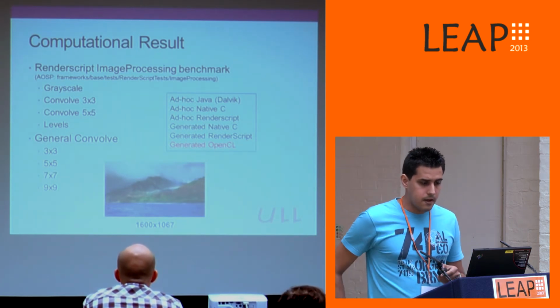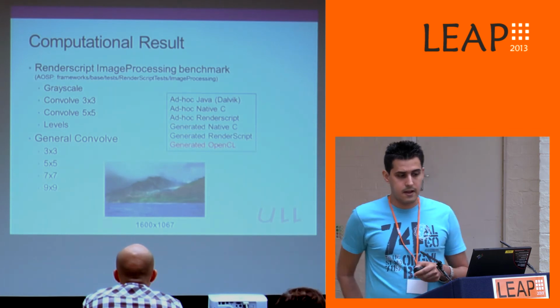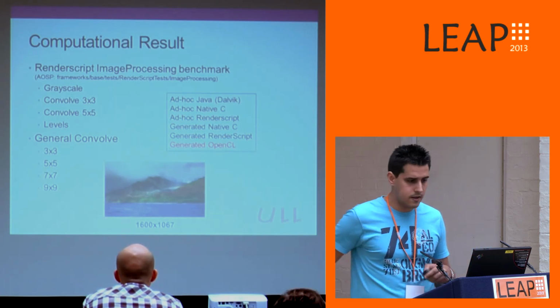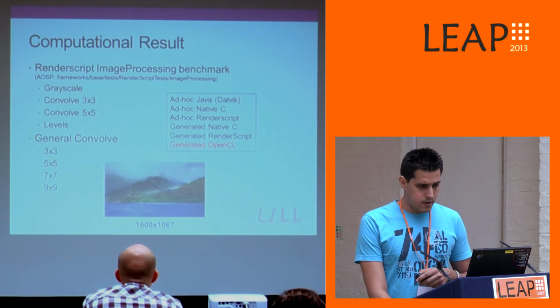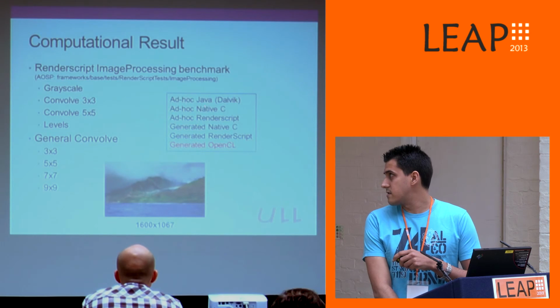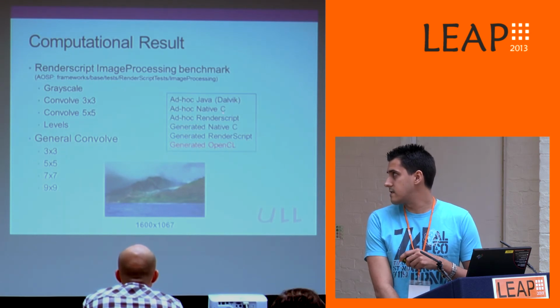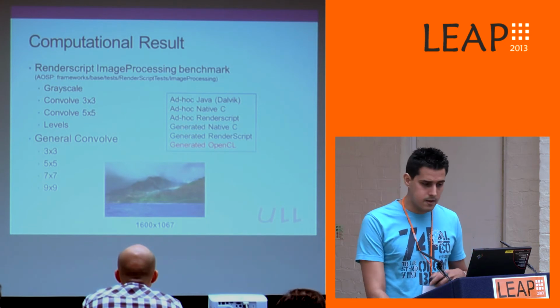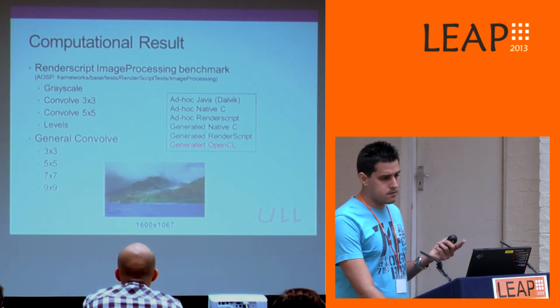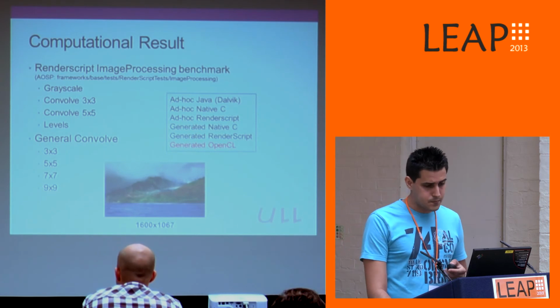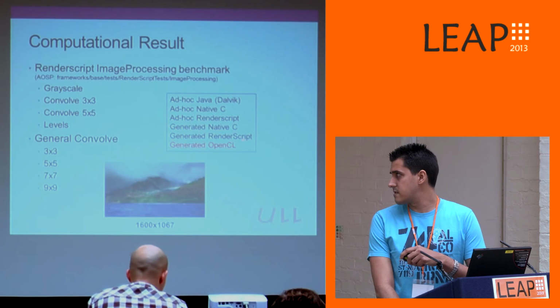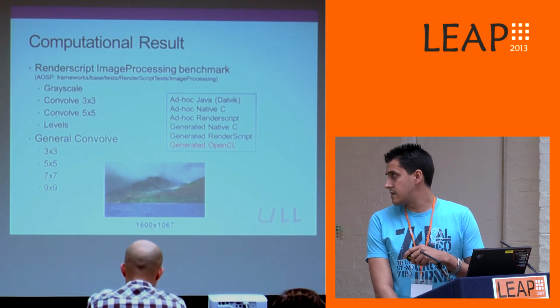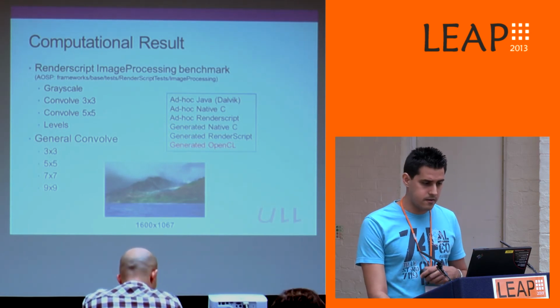We have a version of each Android programming model for all problems: the ad hoc Java version, ad hoc native C version, ad hoc Renderscript version, and the versions generated by Paralldroid: generated native C version, generated Renderscript version, and generated OpenCL.